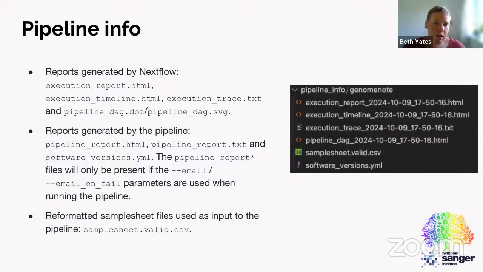And then you have the pipeline info directory, which gives you a report about what happened, how things ran, what resources they took, and how long different steps were, so you can track this information.